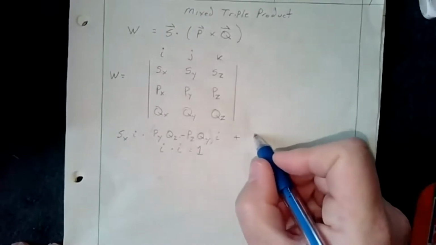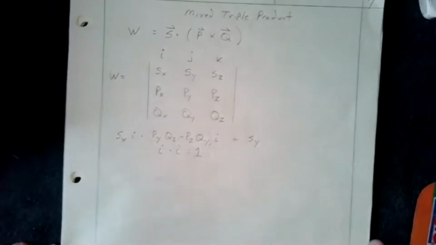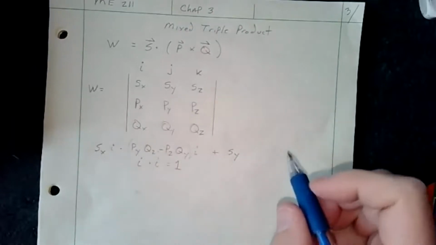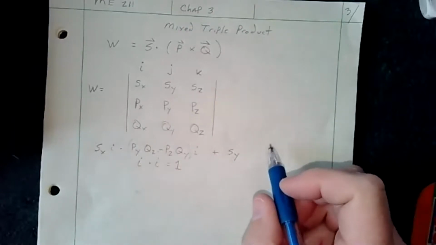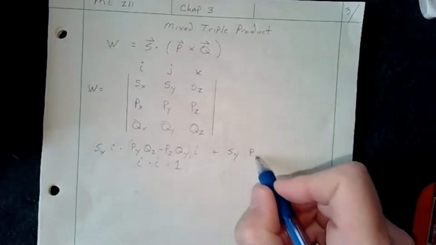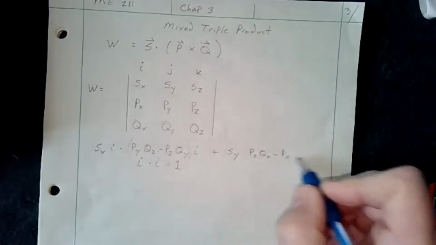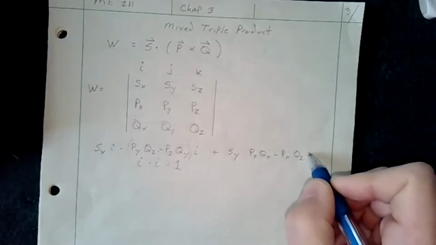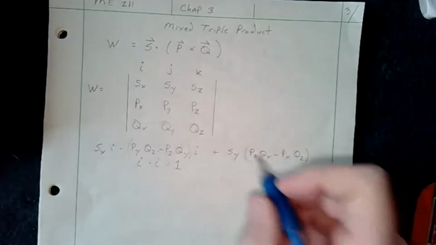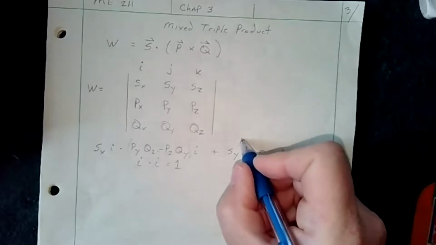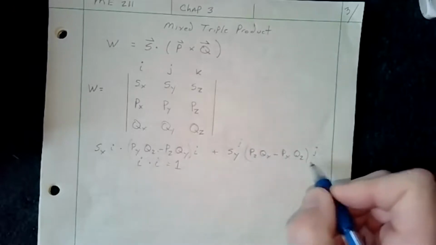You have SY, and in that case you'd have PZ QX minus PX QZ. Again, that's your J, and that's your J, so those cancel.